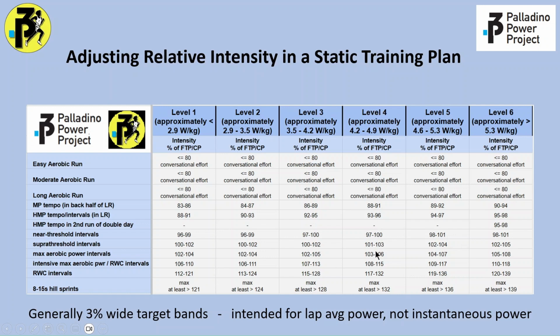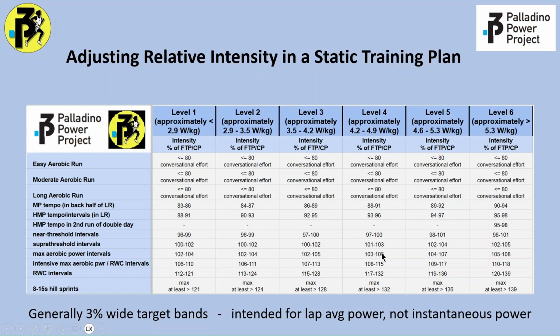Say level 4, that's your baseline, but you're saying, oh, I'm really having a hard time with these max aerobic power intervals. Okay, shift yourself down a level. So that's one way of fine-tuning these. One is get the target range to about 3%, except for these really higher intensity interval types, and then follow this table for your level.